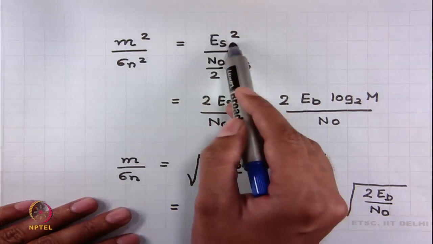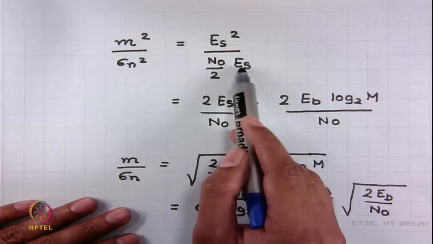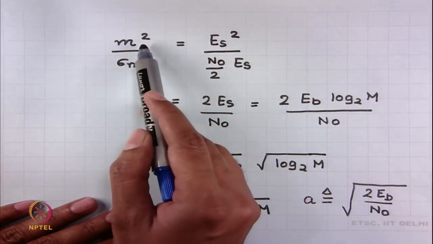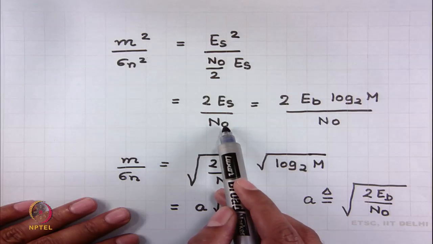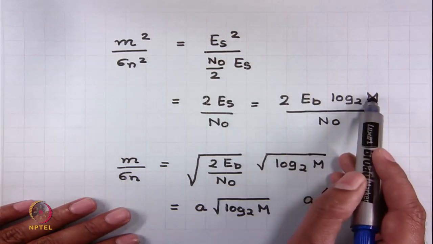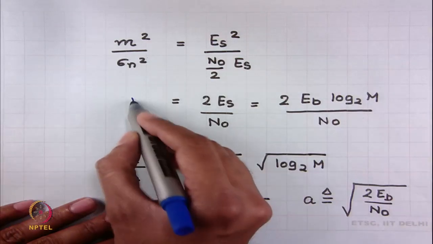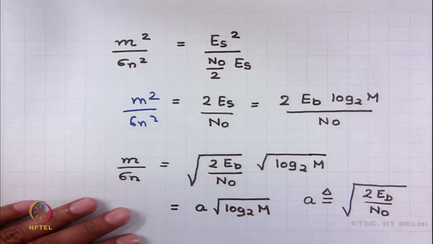M square is Es square, sigma n square is n naught by 2 times Es. So, m square by sigma n square is 2 Es by n naught, and Es is Eb log 2 m. So, m square by sigma n square is 2 Eb log 2 m by n naught.